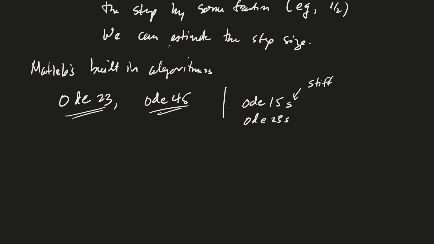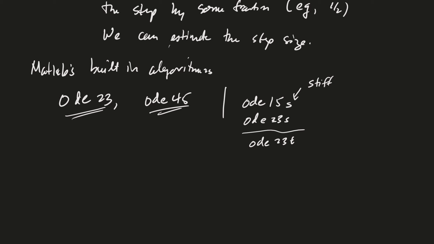And then there's other ones. There's ODE 2.3T for the moderately stiff differential equation. And so I guess the upshot is there's like 6 or 7 of these solvers in Matlab.